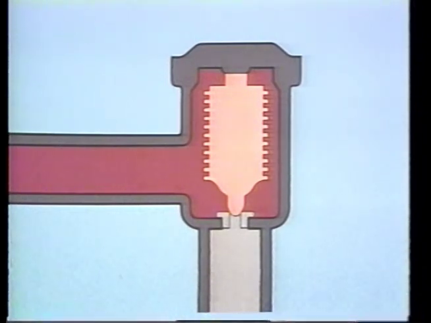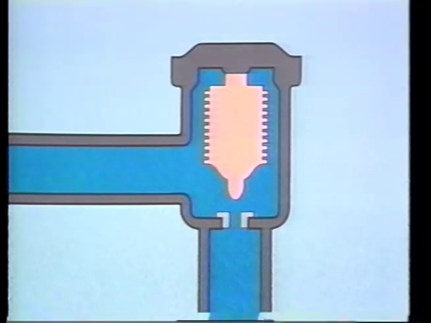The bellows will expand, closing the trap valve. The valve will remain shut as long as there is steam or hot condensate at the trap inlet. But when the condensate inside the trap cools down, the vapor inside the bellows will condense, causing the bellows to compress and the valve to open.